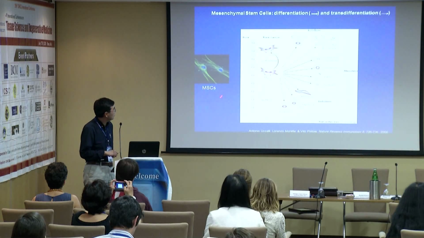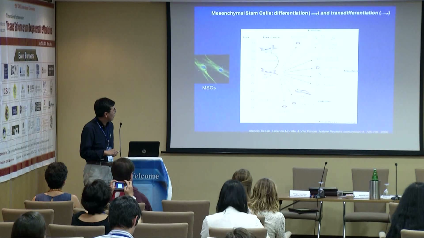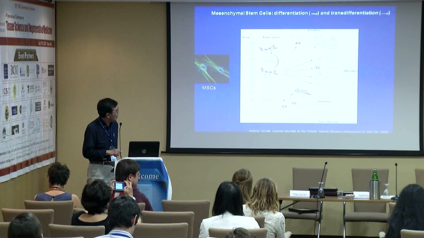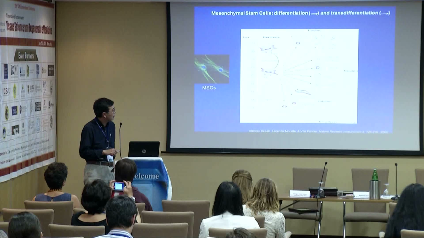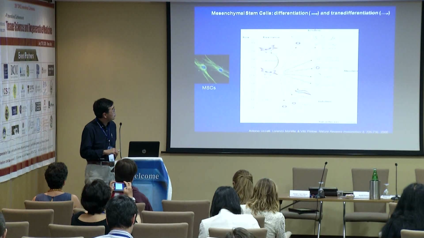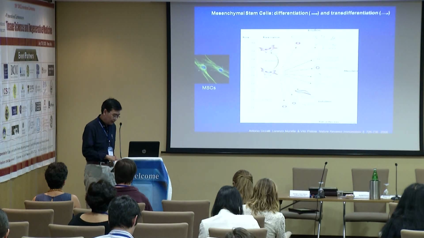As we know, the mesenchymal stem cell, and I just take one example, the bone marrow mesenchymal stem cell, can differentiate into all the mesenchymal tissues like cartilage and bone. It can also transdifferentiate into other types of tissue like neuron and lung.